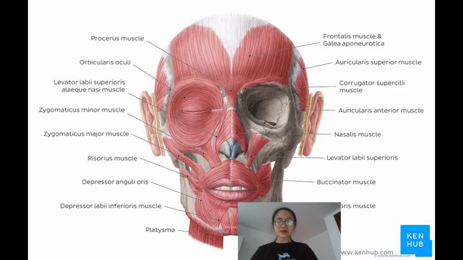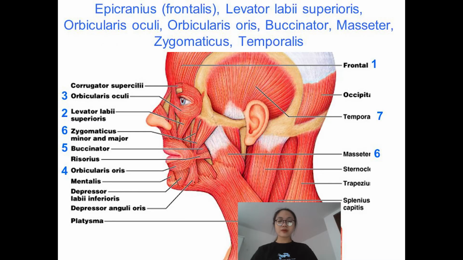The zygomaticus major muscle pulls the angle of the mouth superiorly, laterally, and posteriorly, as seen in laughing, smiling, and chewing. The zygomaticus minor muscle functions as one of the lip elevators, and both contribute to the formation of the nasolabial fold.